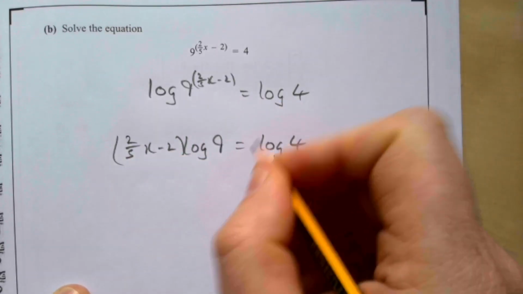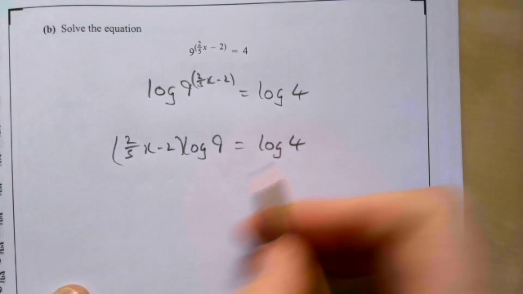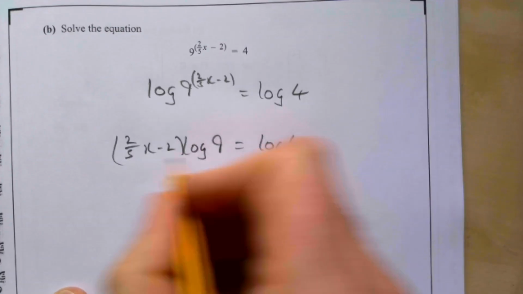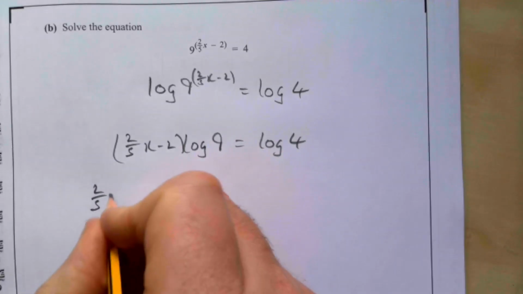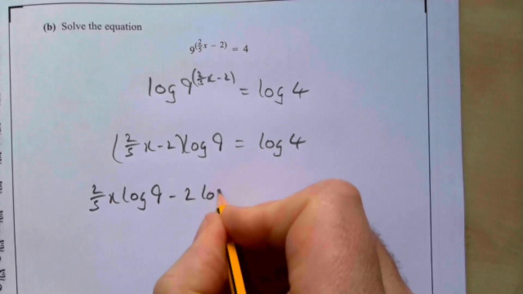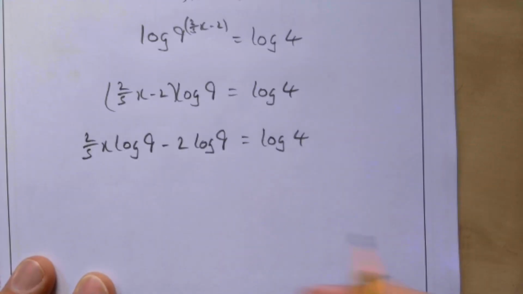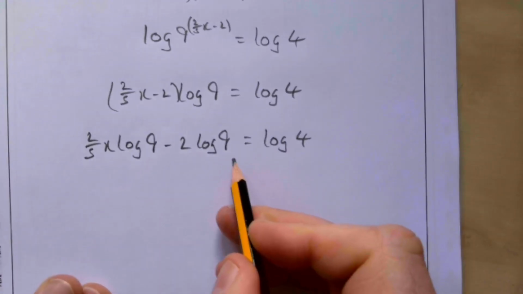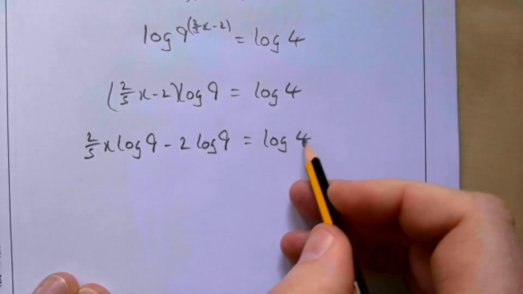Now quite often here you would multiply this out, but you can in this scenario divide by log 9, then add 2, and then times by 5 over 2. I'm just going to multiply it out because we're quite used to that. So it's 2/5 x log 9 minus 2 log 9 equals log 4. This is a complicated looking thing, but it's effectively just like a second form algebra thing, just with slightly more awkward numbers. 2 log 9 is just a number, log 4 is just a number.